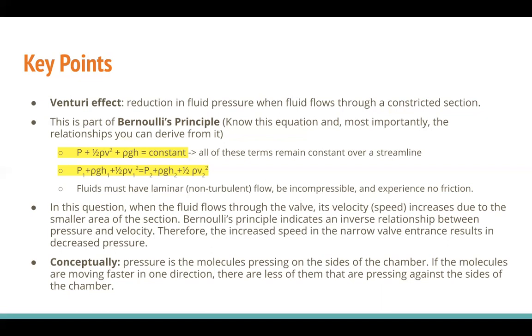As a liquid flows through a pipe, for example, as long as the temperature remains the same, the fluid flow is non-turbulent, the liquid is incompressible, and it experiences no friction, the relationships between these variables all remain the same.